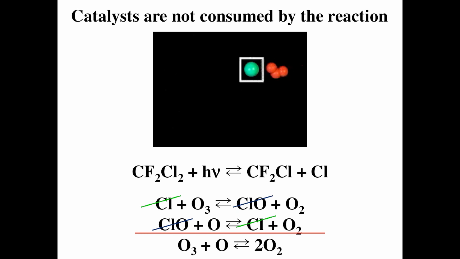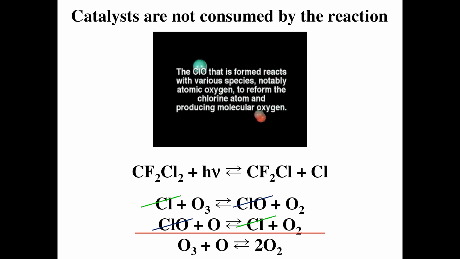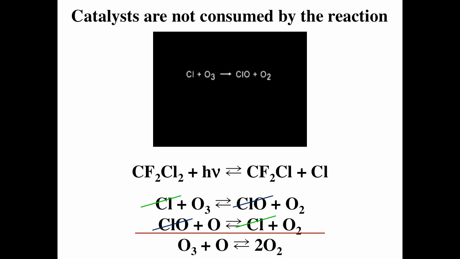The chlorine atoms act as a catalyst for the decomposition of ozone. Collision with an ozone molecule results in oxygen transfer, forming ClO and molecular oxygen. The ClO that is formed reacts with various species, notably atomic oxygen, to reform the chlorine atom and produce molecular oxygen. The sequence of reactions consists first of reaction of chlorine atoms with ozone, followed by the reaction of ClO with atomic oxygen.